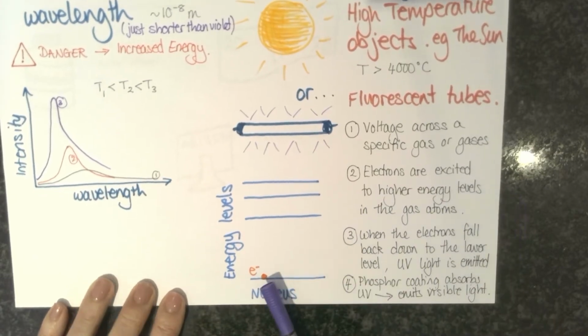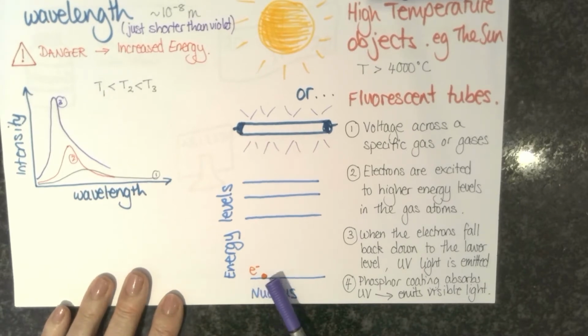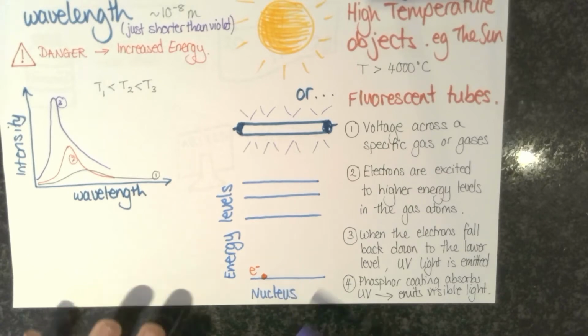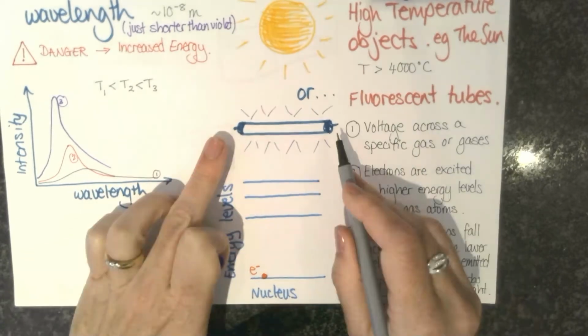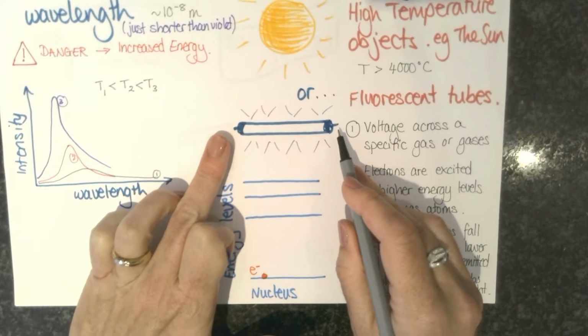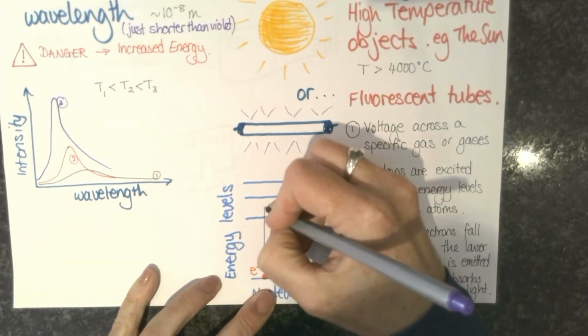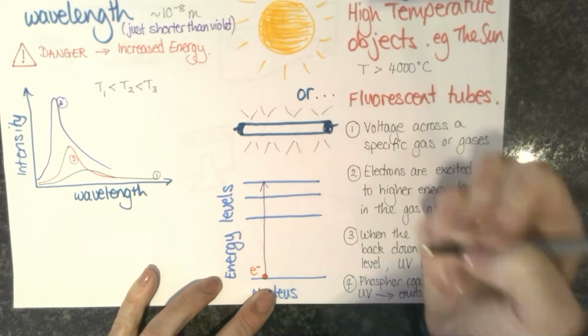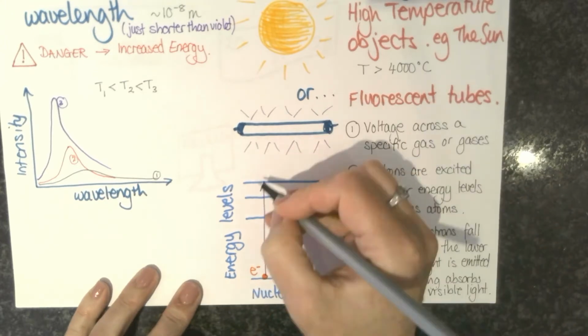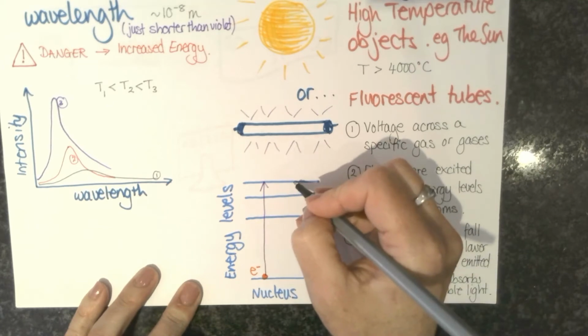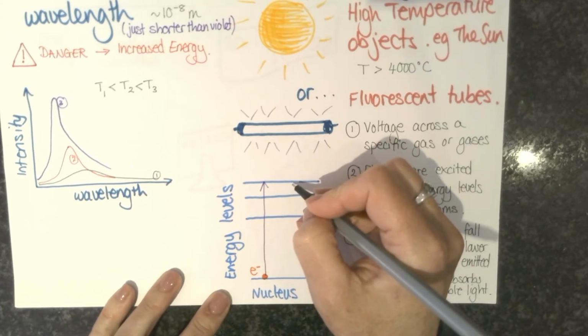So if we look here at our diagram, we have an electron which is sat in an energy level near to the nucleus. When that voltage is put across the ends of the tube, this electron is excited, it absorbs that energy and it goes up to a higher energy level, and it then sits at this higher energy level, but it doesn't stay there forever.